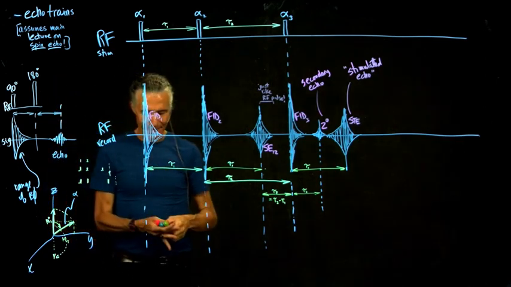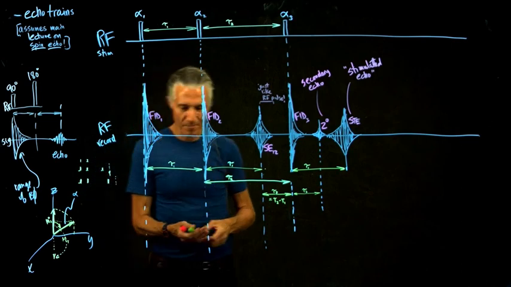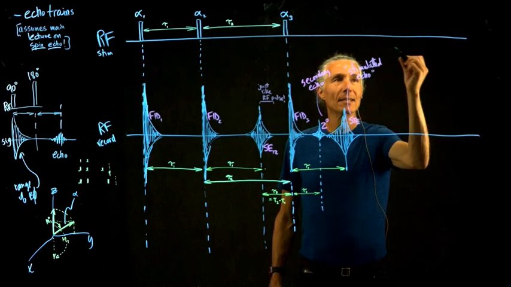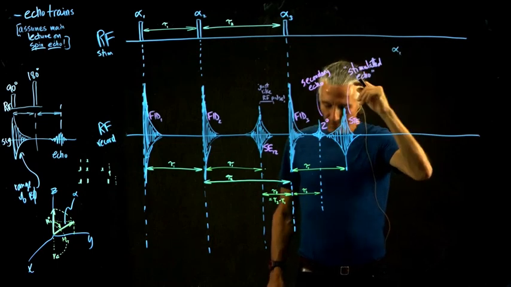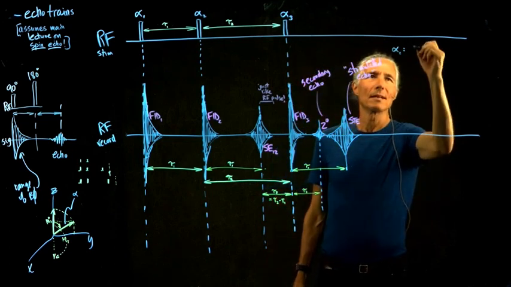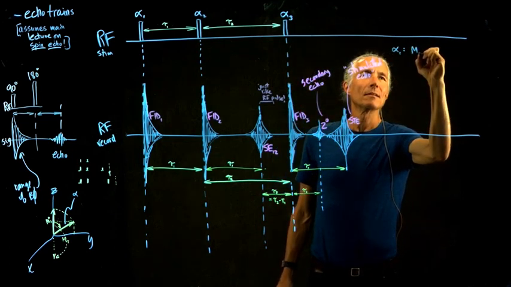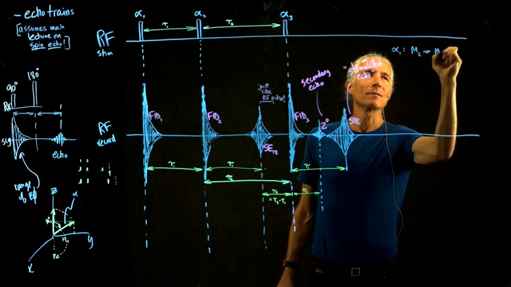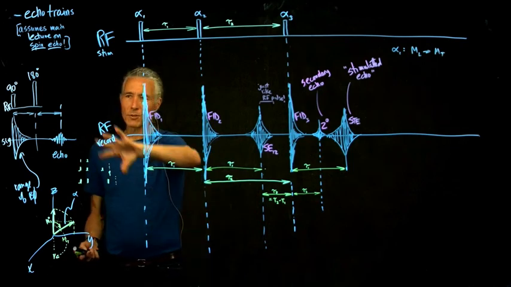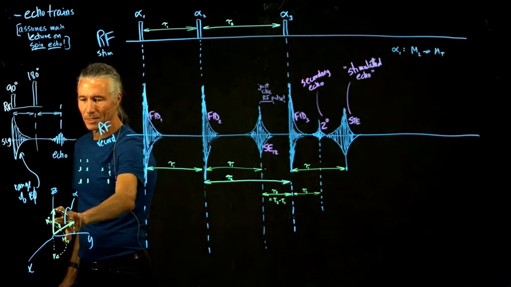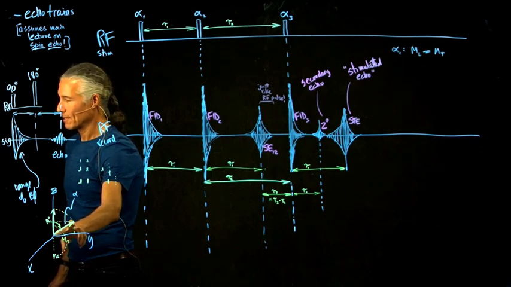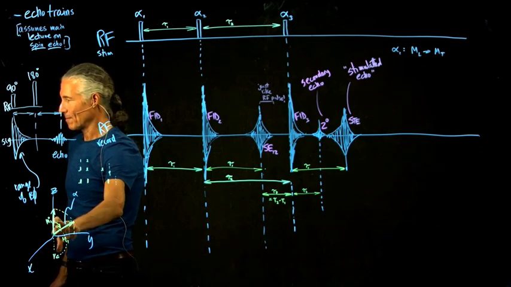So what's causing this? This one's the hardest one to understand. But basically, we do the first RF pulse, and that turns longitudinal magnetization into some transverse magnetization. It's an arbitrary pulse, so it's not a 90-degree pulse, but it turns some of the longitudinal into some of the transverse, and it leaves a little bit of longitudinal.